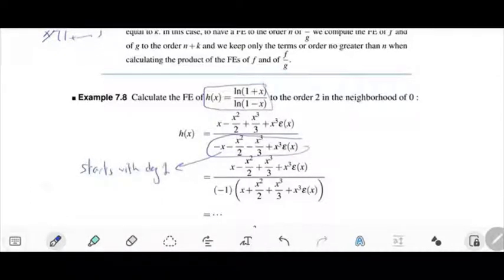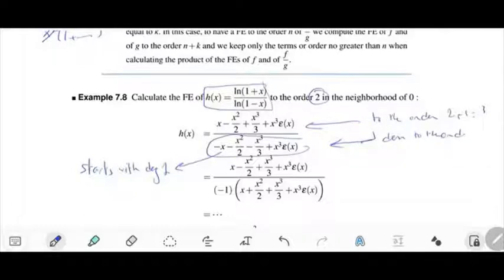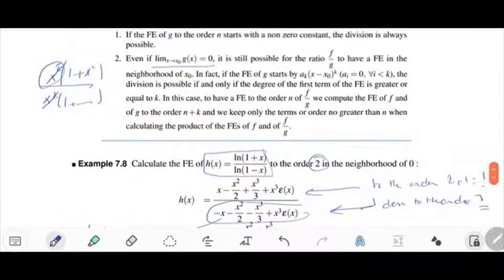So automatically what you will do is that if I'm asking for an order 2, you will calculate the numerator to the order 2 plus 1, which is equal to 3, and then do the same in here, and then the denominator to the order 3 as well. Okay, so that's what I'm writing in here.